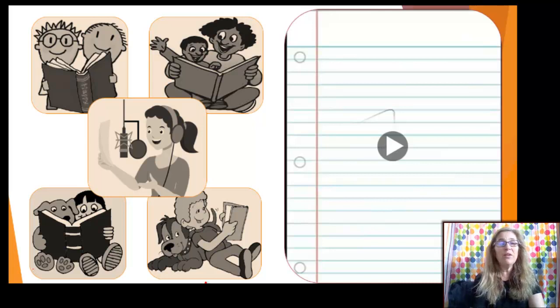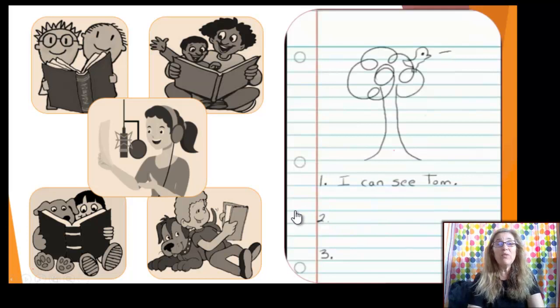One other activity you can do, which I think would be really fun, is to make your own story about Tom and Nan. I started to rewrite the sentences from the story, and then I made my own picture to go with it.